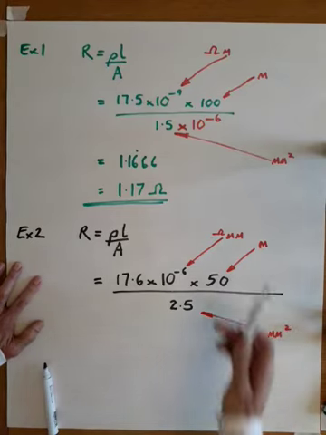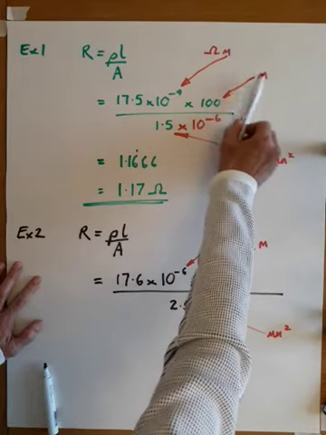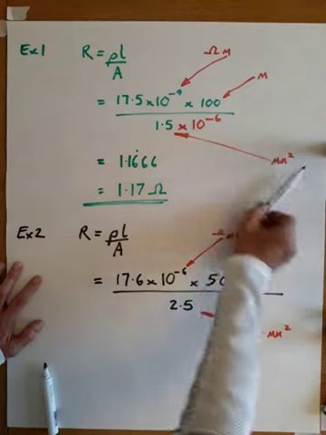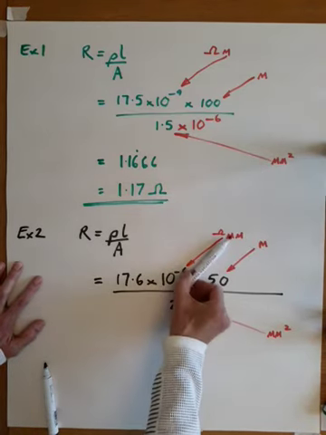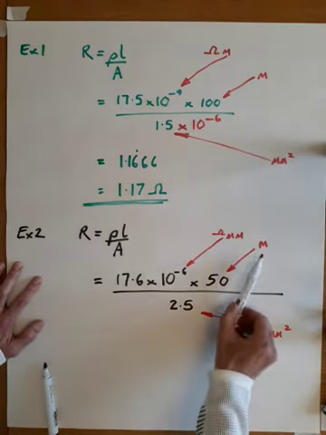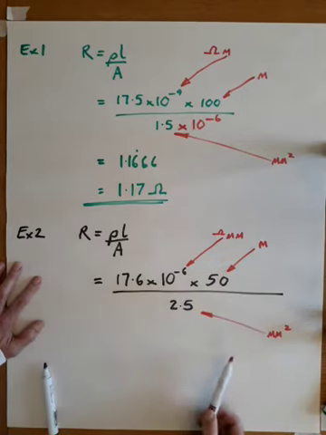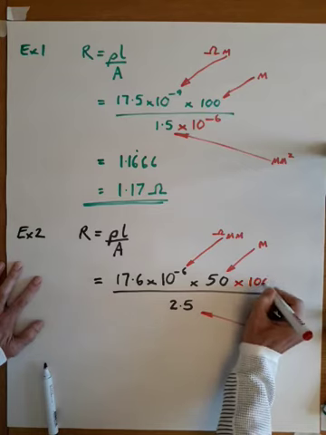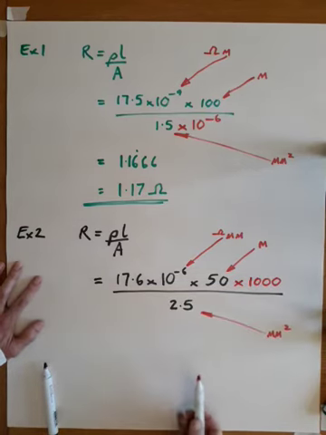If I take you back to the first one for a moment, we had meters, and we had to convert the area to meters to make them all the same. In this one we have millimeters and millimeters. The simplest solution here is to change 50 meters to millimeters. And there are 1000 millimeters in a meter, so all we do here is times 1000 on the top.